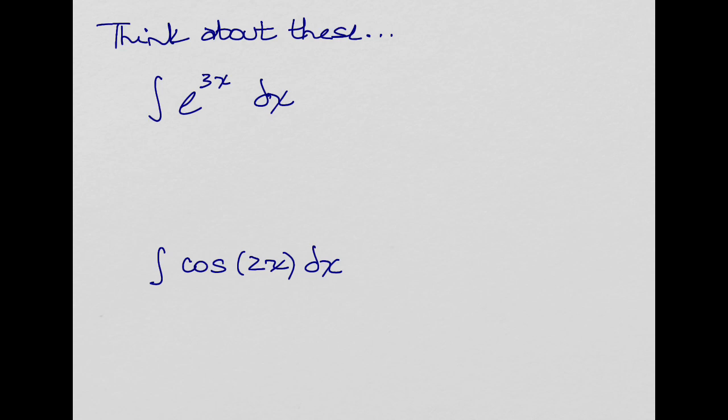But if I just say this is e to the 3x, that doesn't quite do it, because if I take the derivative of that, I do get e to the 3x, but then the chain rule kicks in, and I need the derivative of 3x, which is 3.